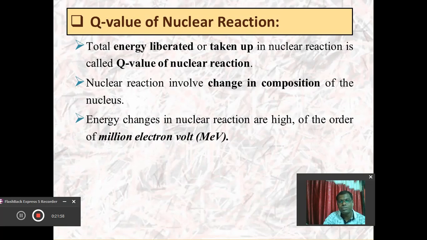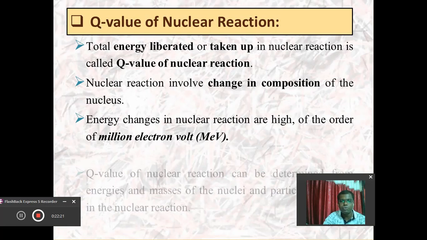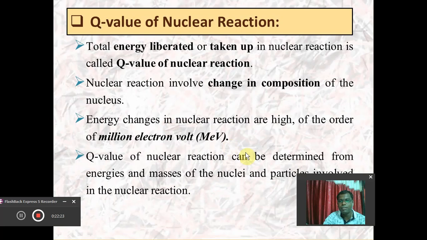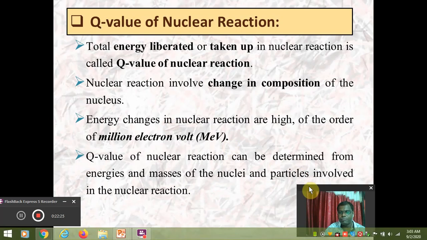Here, energy changes in nuclear reactions are very high compared to chemical reactions, and these are in the order of million electron volts, because the energy change in a chemical reaction is in the order of electron volts, while energy changes in nuclear reactions are generally in the order of million electron volts, much higher than chemical reactions.